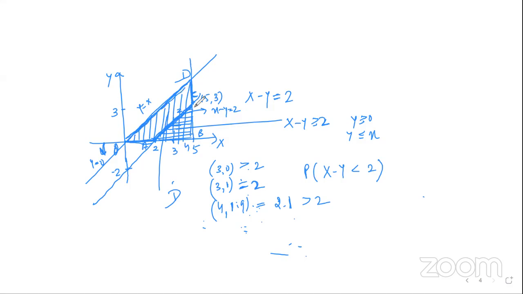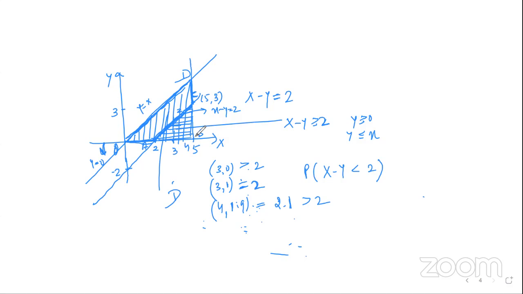As somebody said, we can do 1 minus the probability of this region, this triangle. You can take any approach and try to find the probability. Let us solve it geometrically first.